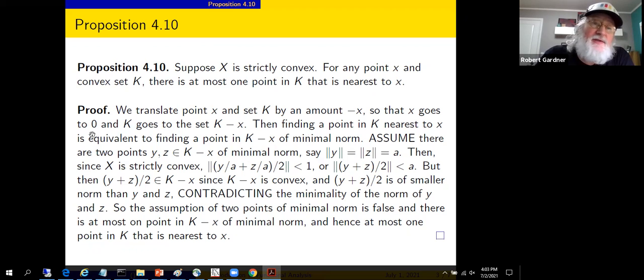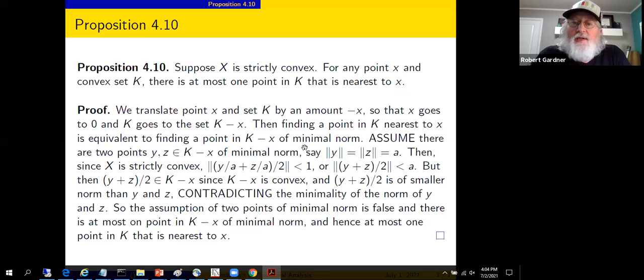X has been translated to the 0 vector. This is how set K has been translated. And finding a vector closest to the 0 vector is equivalent to finding a vector of minimal norm in set K minus X. So we've converted the question of nearest to minimal norm.